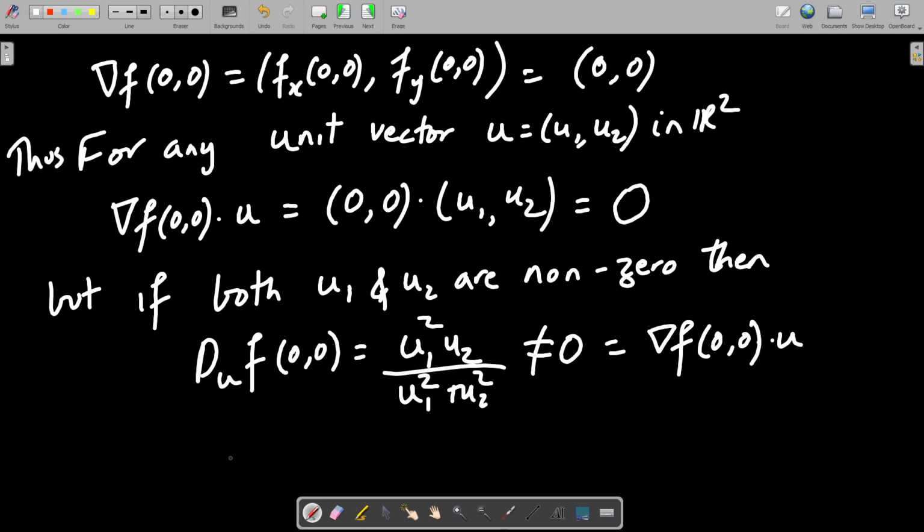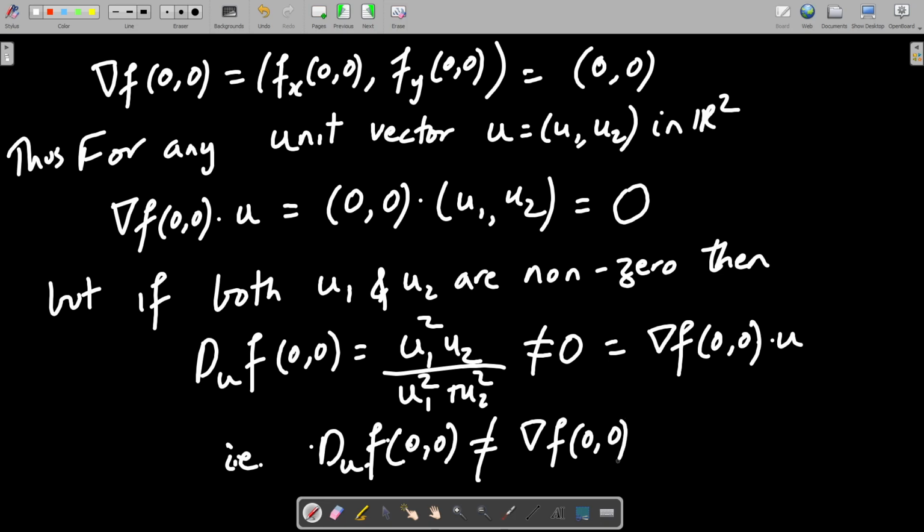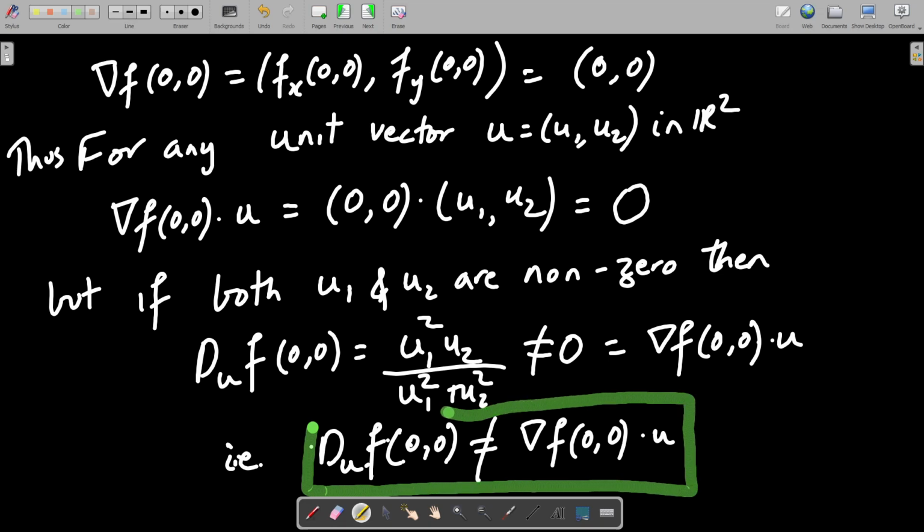In other words, the directional derivative of f along u is not equal to the gradient of f dot u. So the directional derivative does not satisfy this identity which we just proved in the previous theorem.